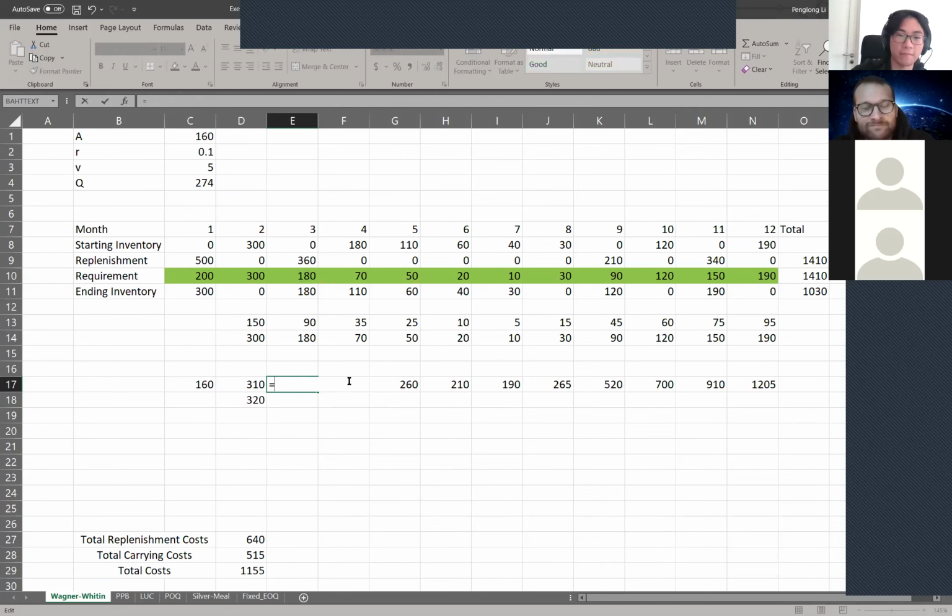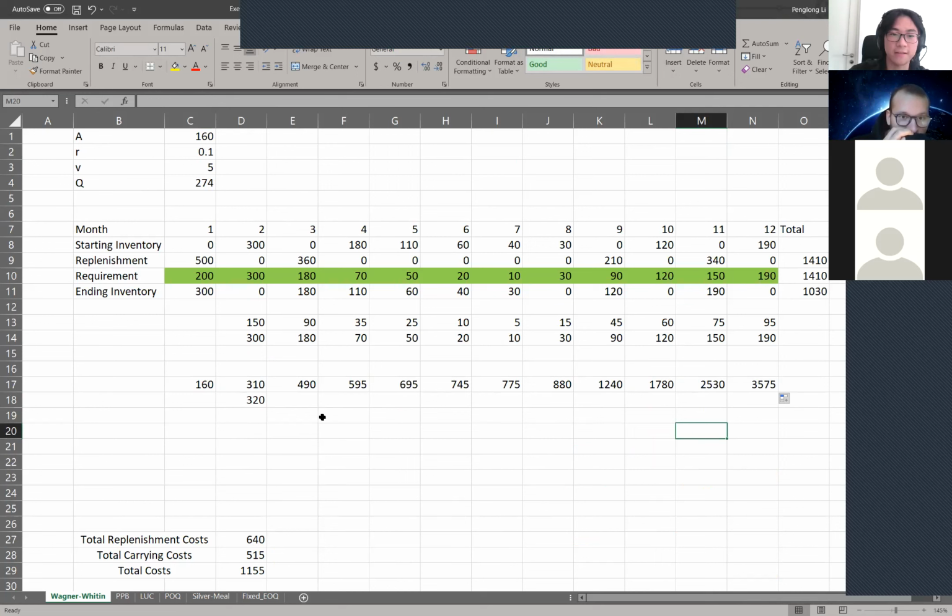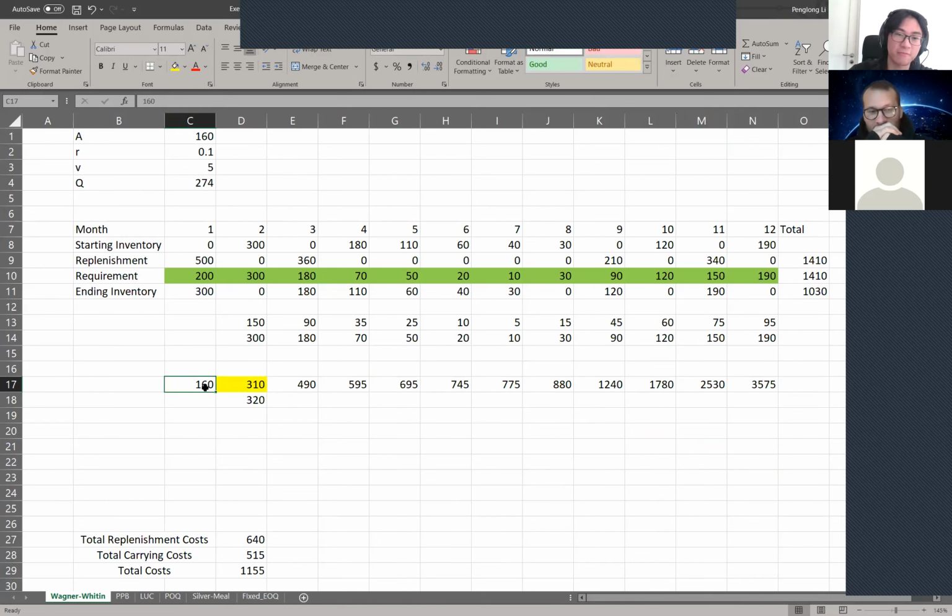Okay, so you sum it from here instead. That's the mistake that I made. And then you find the smallest number here, or the only number here is 160.